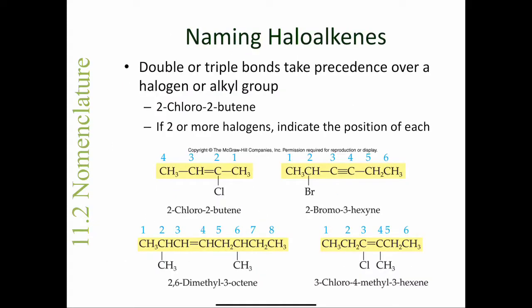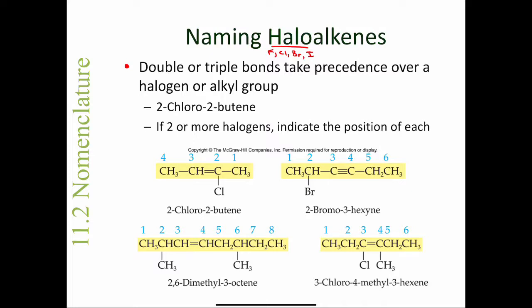Before we move on, I just want to mention that when we're naming haloalkenes, and halo means a halogen, fluorine, chlorine, bromine, or iodine, the double or triple bond is going to take precedence over the halogen or any alkyl group.